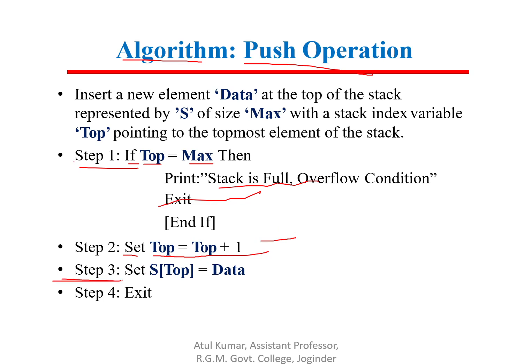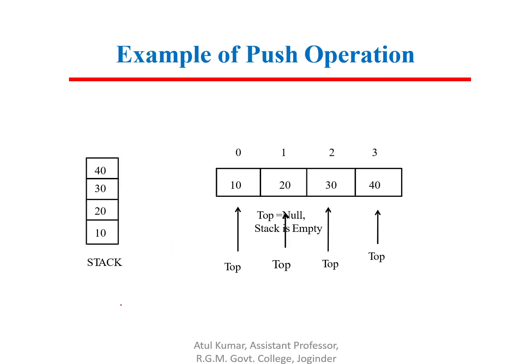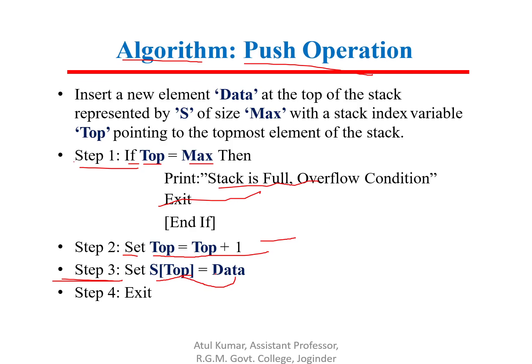In the third step we assign the value to S[top], and after that step 4 is the exit from this algorithm. I am now explaining this algorithm with the help of an example.